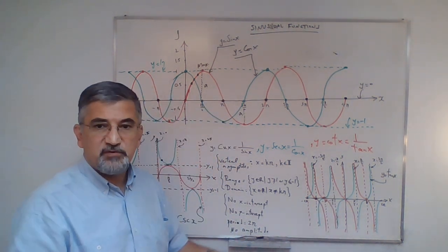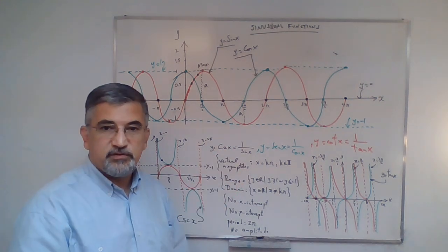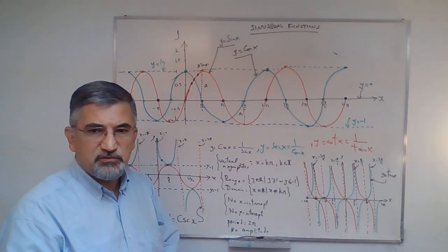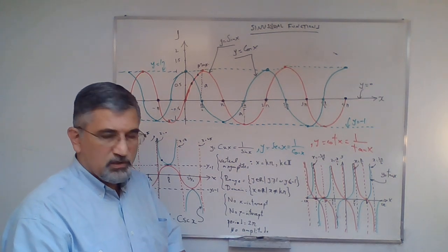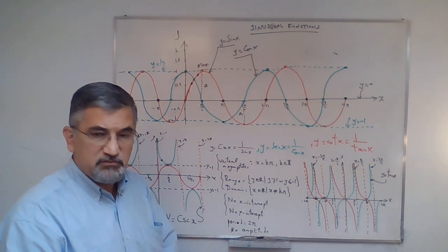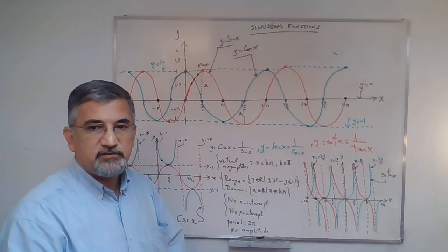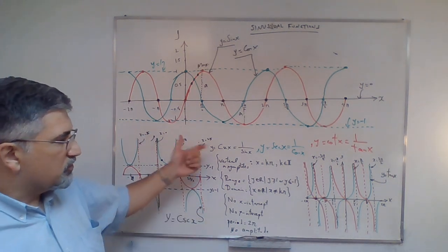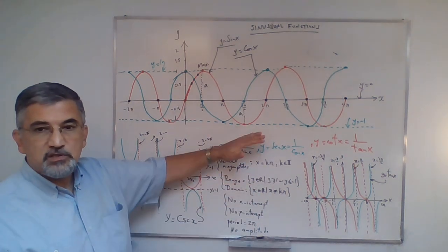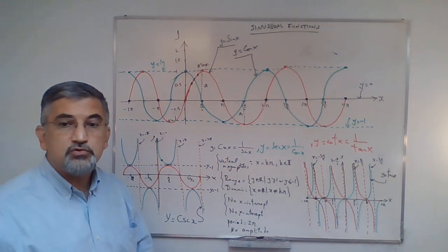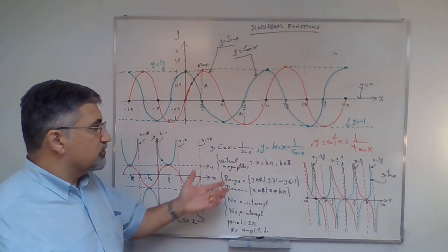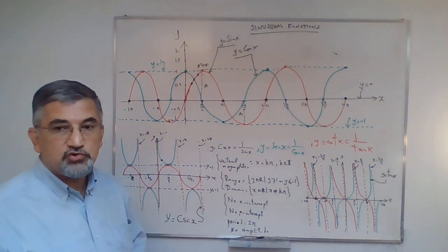Although I don't have graph paper here, I can't do a very meticulous graph, but these graphs are all in the textbook. In any kind of trigonometry book, you can check it out. Even on various websites, you can easily find the graphs of the secant function, cosecant function, tangent, and cotangent function, and their properties are like a conclusion that you can come up with by yourselves, or it's also summarized in charts.